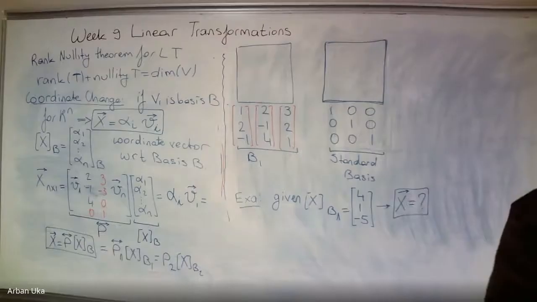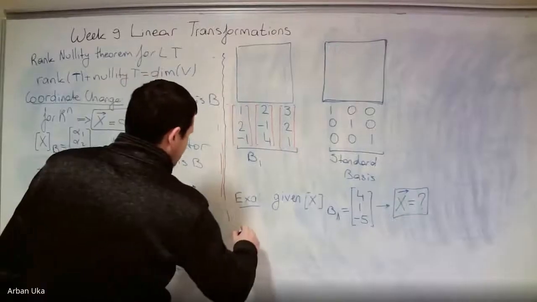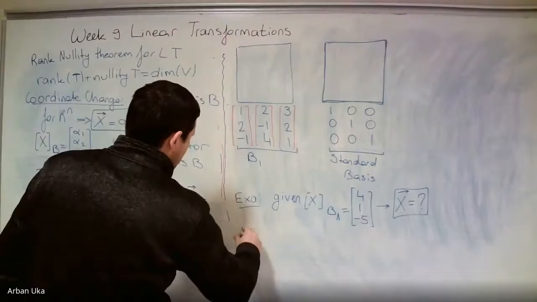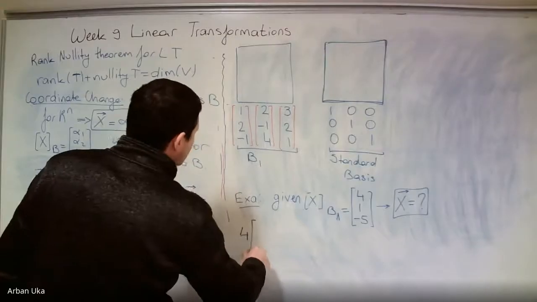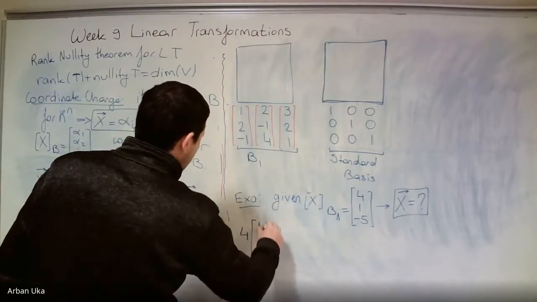We know that the coordinates, the components of the vector x in basis B1, are the coefficients that we should add before the columns of the matrix to find the vector, because the vector x can be expressed as a linear combination of the columns of the matrix. That's true. So then we can do here 4 times 1, 2, minus 1, right?